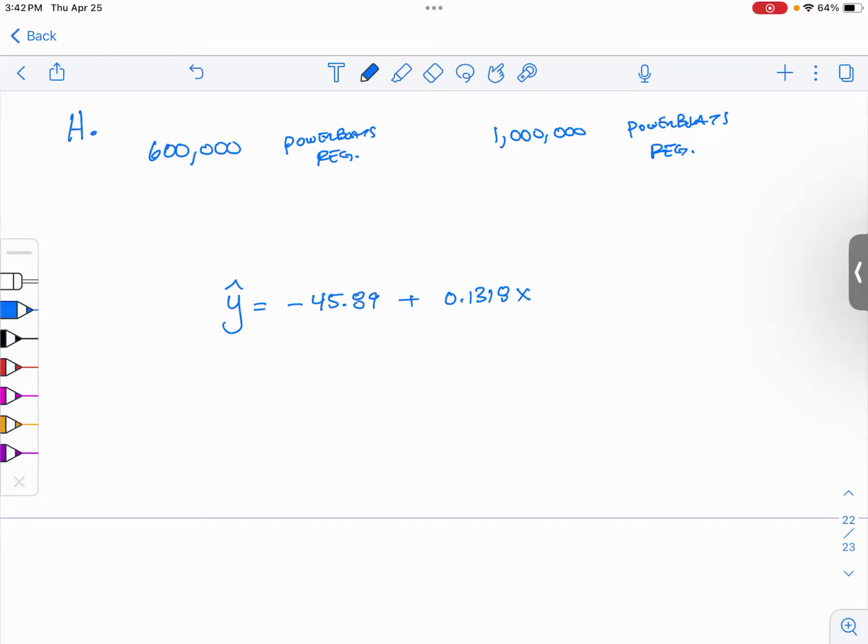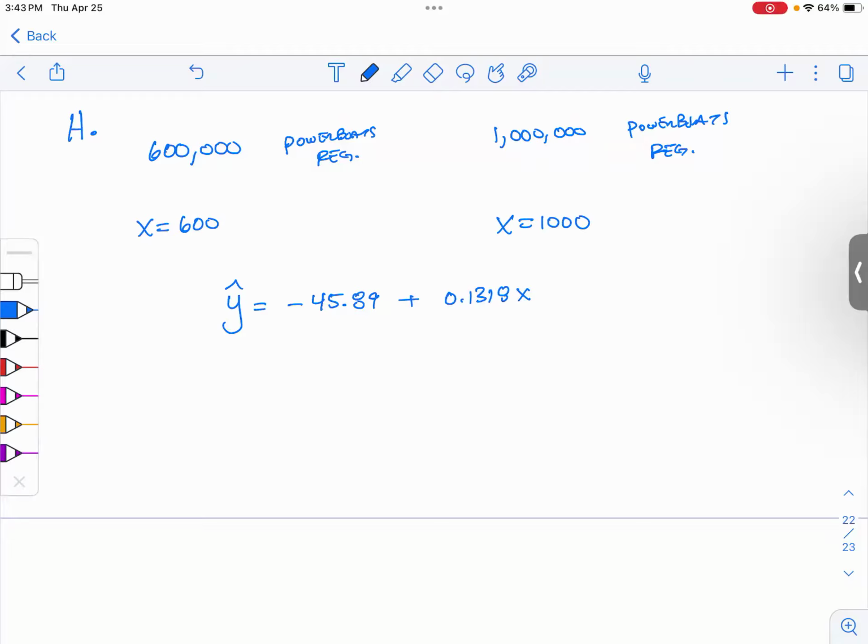I just replaced X and Y because we like Y equals MX plus B. Now, this is the important part. StatCrunch is going to do this calculation for us, but we have to make sure we use the right values. Remember, it's recorded in thousands. So that means I actually use X equals 600 and X equals 1,000, in order to make sure you transfer from context to StatCrunch and back to context. That's our big job.